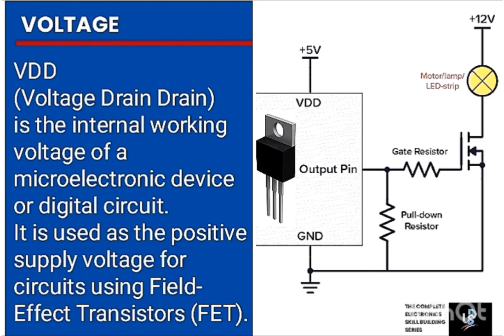From the circuit diagram here, 12 volts is the VCC and 5 volts is the VDD. VDD is the fixed digital operating voltage that supplies power into the chip, enabling it to execute instructions and communicate with other components.